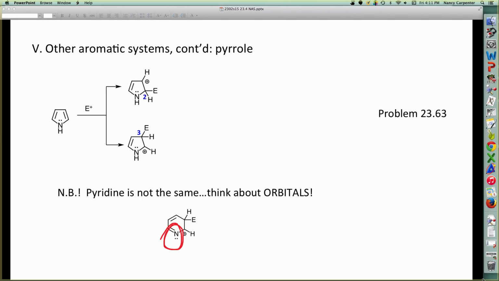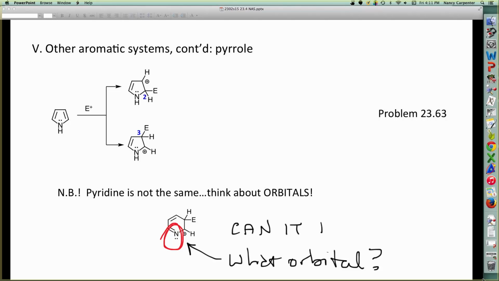And secondly, what orbital is the positive charge in? And once you figure that out, can it delocalize that plus charge? Because if it can't, then it can't stabilize that plus charge. Well, hint, hint, it can't.